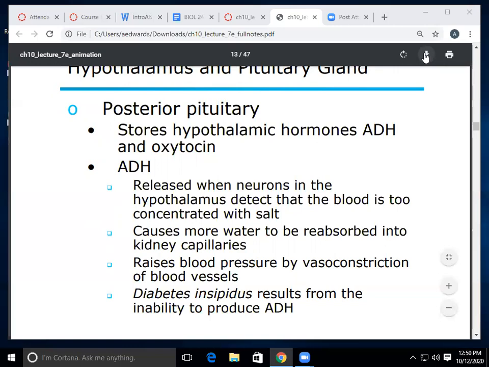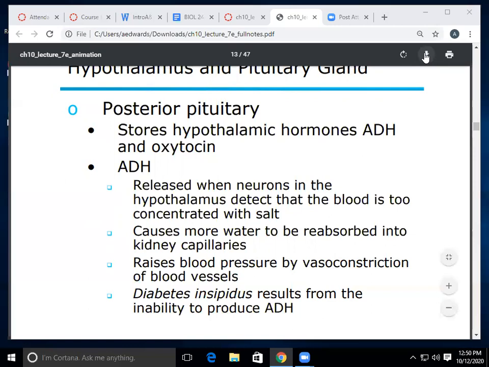And when you constrict your blood vessels, you essentially decrease the amount of spaces available for diffusion across the blood vessel. When the blood vessel expands, it's easier to diffuse chemicals across it. When it's constricted, it's more difficult. So the hypothalamus and the pituitary gland work together to function.